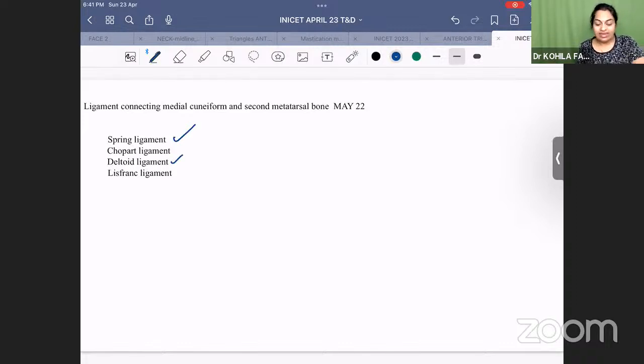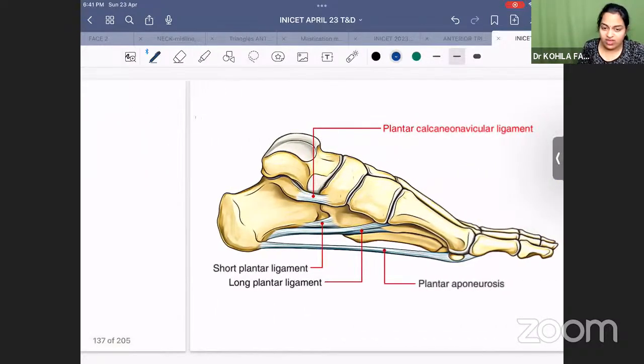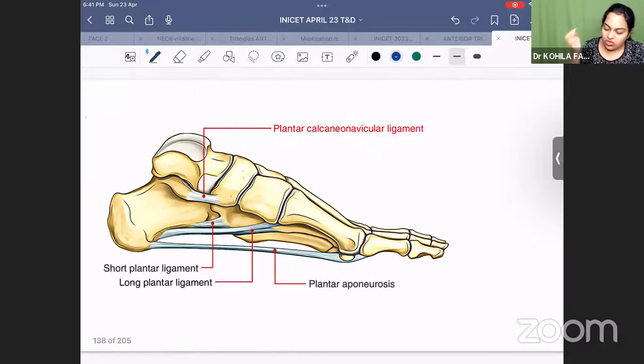The deltoid is the medial ligament of the ankle. What is the Lisfranc ligament? What is the Chopart ligament? Recently they have asked a question about this Lisfranc ligament. If you've seen the previous year question papers, you must have known by now, right? So here, this is your calcaneum, talus, this is the navicular, right? From the sustentaculum tali to the navicular, this is the spring ligament.